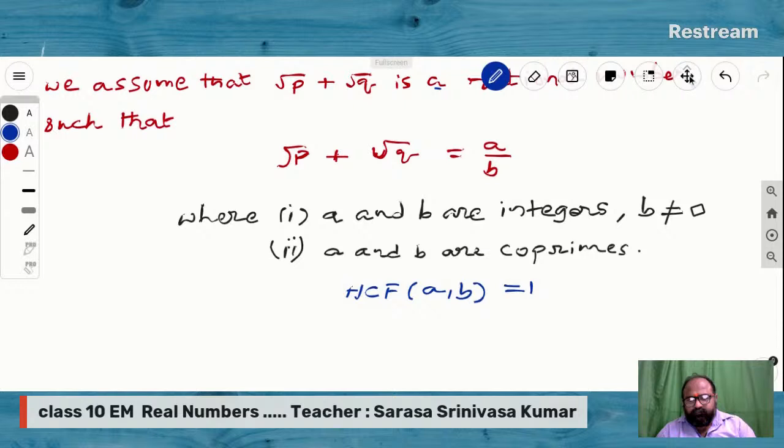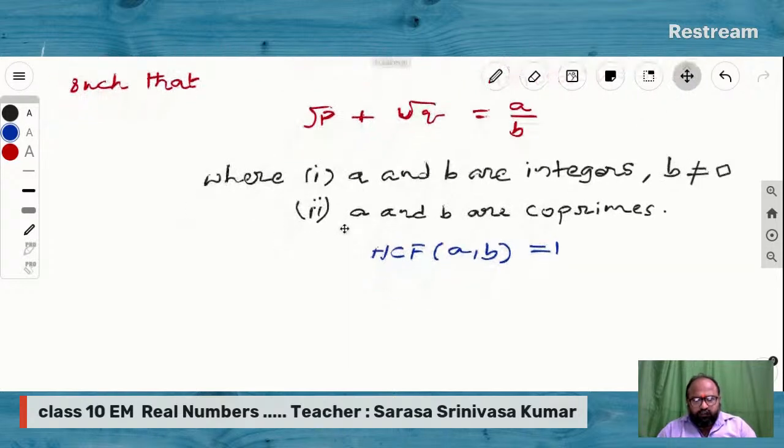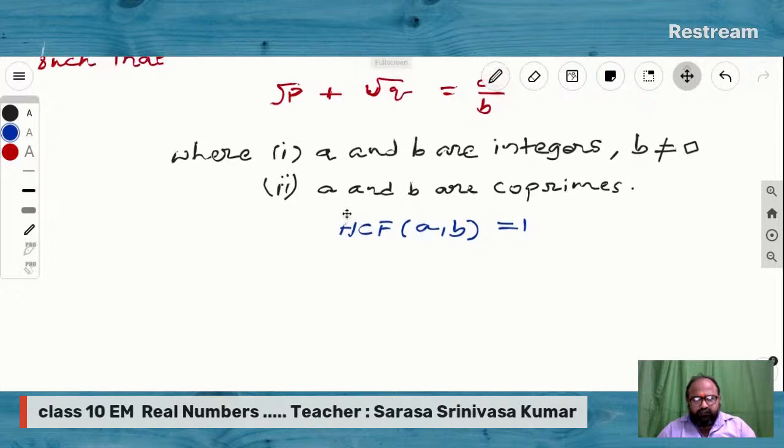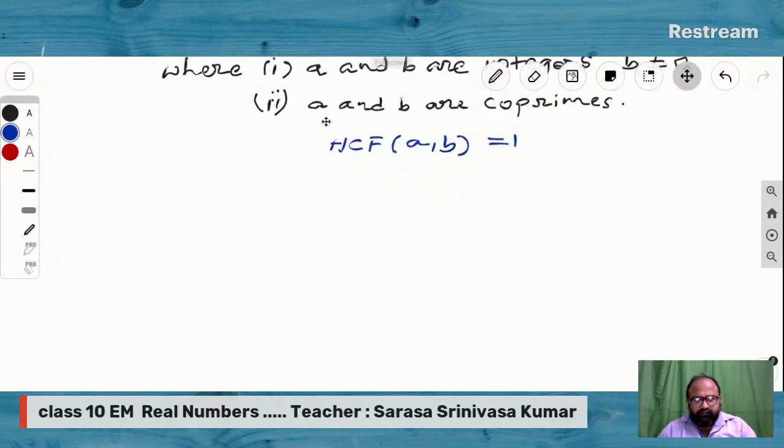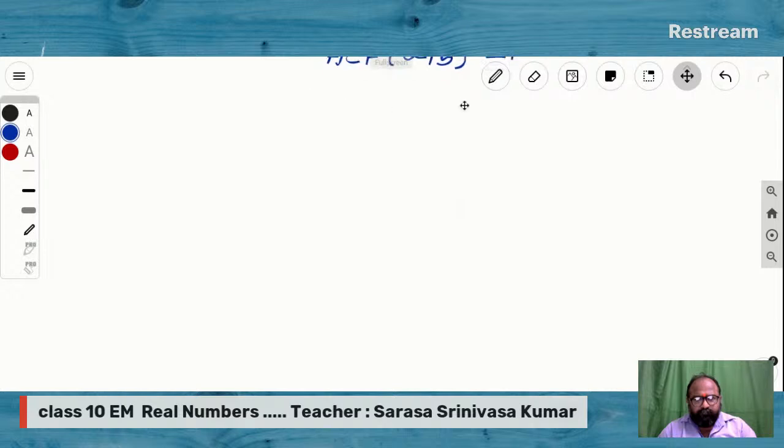Now based on this assumption, we develop mathematical argumentation to prove the result. Square root of p plus square root of q equal to a by b.